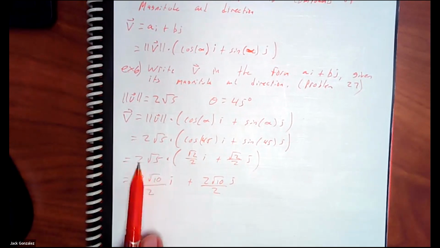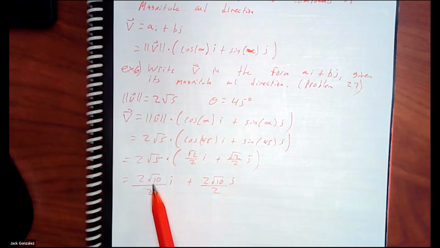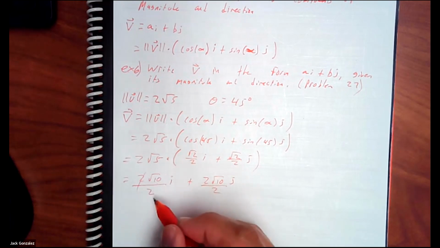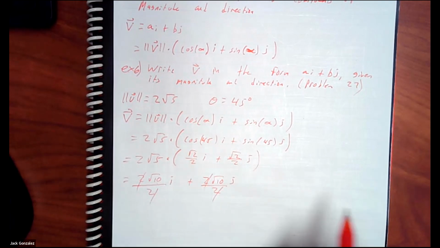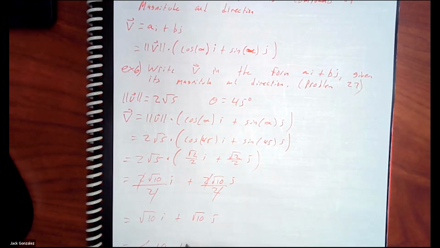So I just multiply this thing times that one, this thing times this one. Square roots multiply like that. These 2's will reduce. So the answer is root 10 I plus root 10 J, which is the same as this.